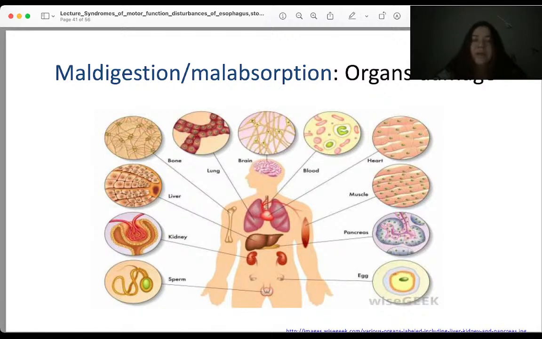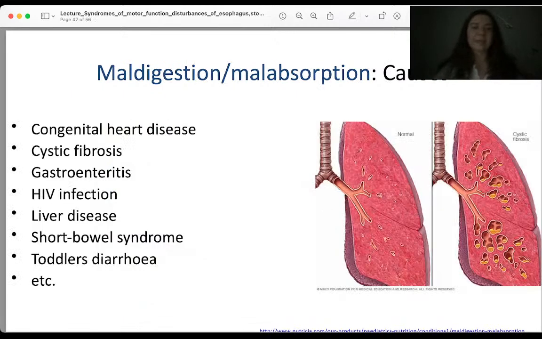All these organs and all other organs can suffer from maldigestion and malabsorption, because from the GI tract we get all our nutrients, all our chemicals, and without the necessary chemicals for the organism, without normal digestion and normal transport and absorption to the blood, the whole organism will suffer.